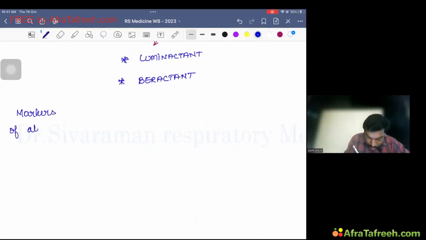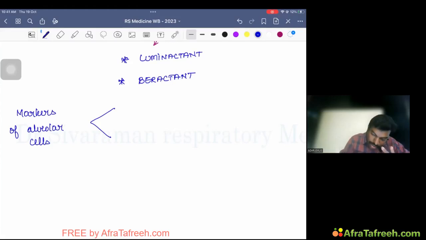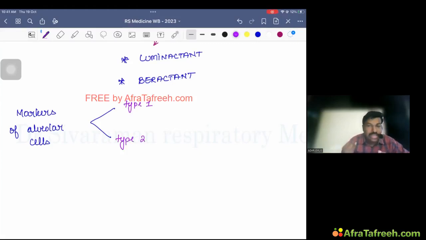What are the markers of alveolar cell maturation? There are markers for type 1 and type 2 alveolar cells or pneumocytes.